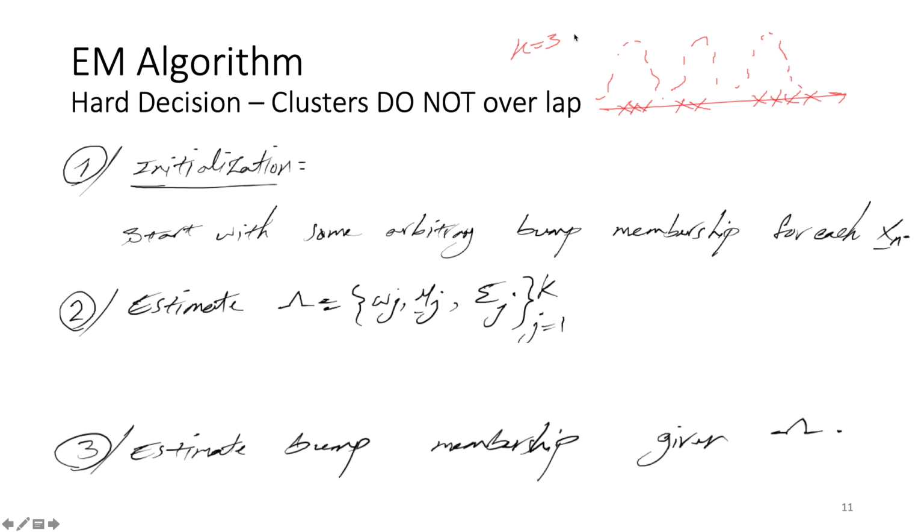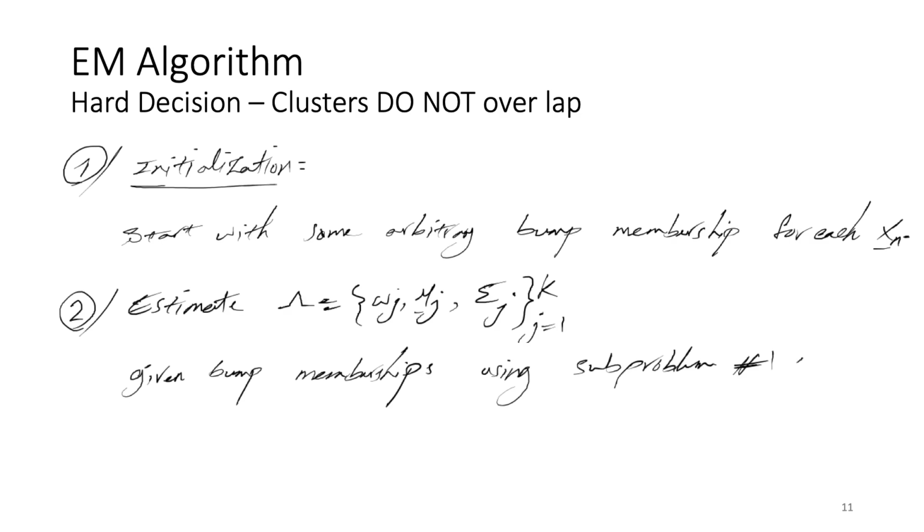So it's as if we use subproblem number 1 to find this. So we want to estimate the parameters of a Gaussian distribution given bump membership using subproblem number 1. So we have data.